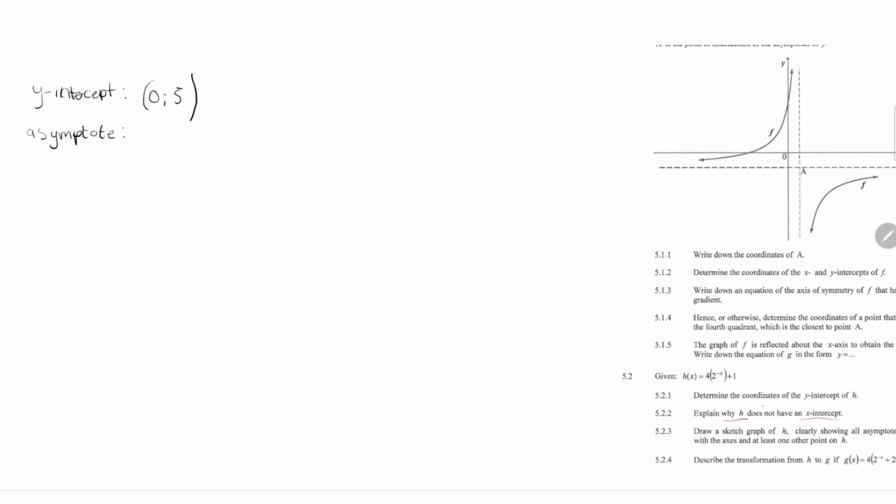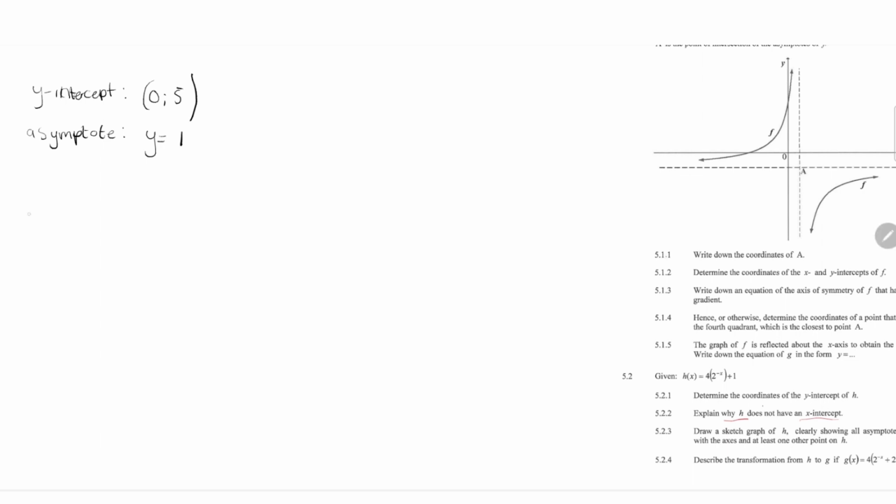If you don't know how we got the asymptote, go back to the previous question, which is 5.2.2. You will know how we got the asymptote. And the asymptote here is y equal to a positive 1. Also, we were told in the question that we should determine at least one other point on graph h. So let us try to get at least one point on the graph of h.